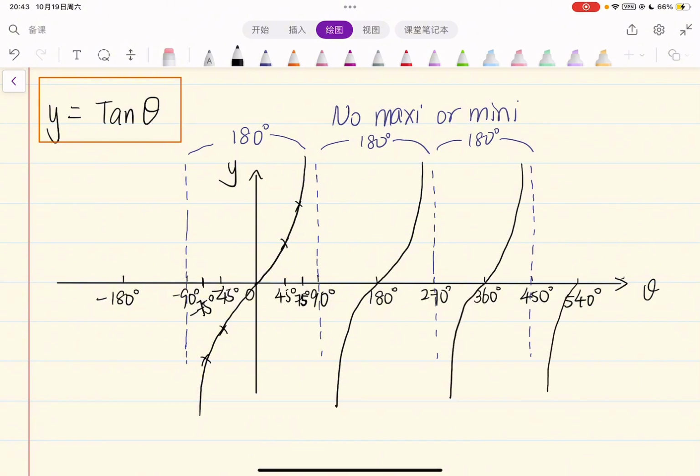So between 450 degrees and 540 degrees is negative. Between minus 180 degrees and minus 90 degrees, the value of y increases. You can see that the graph repeats every 180 degrees.